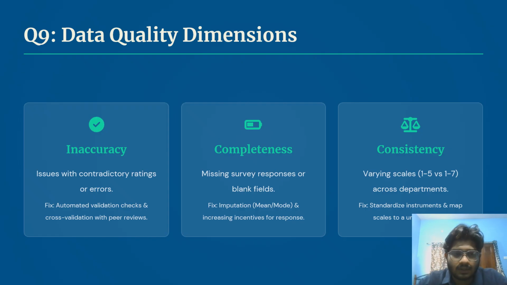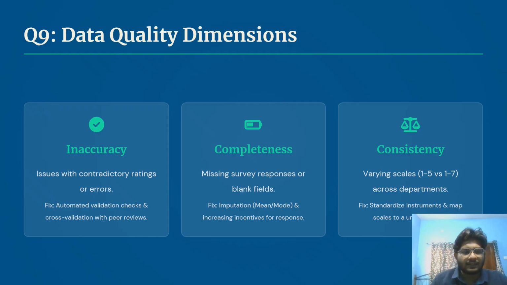Now, this is inaccuracy. We fix it by automated validation checks. This is a program that flags the data immediately, saying, "Hey, these two scores don't match up. Is that right?" Kind of like checks backwards.